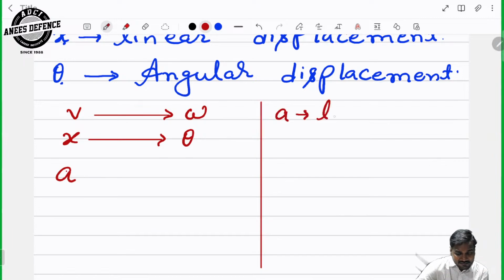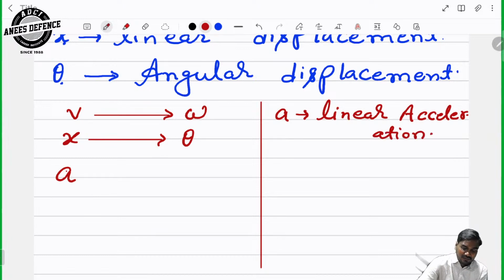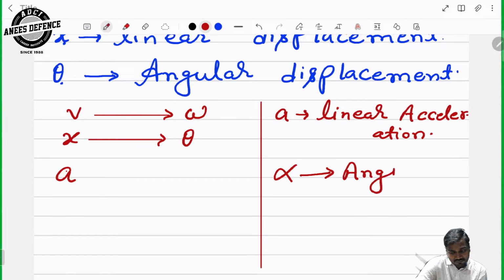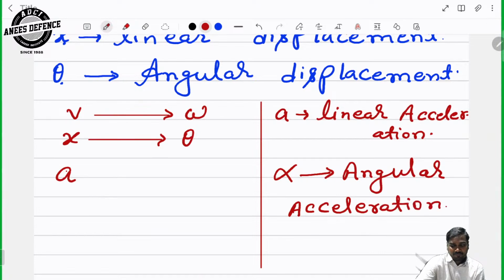Linear acceleration is a, and alpha is angular acceleration. So linear acceleration will be replaced by alpha in angular motion, right?